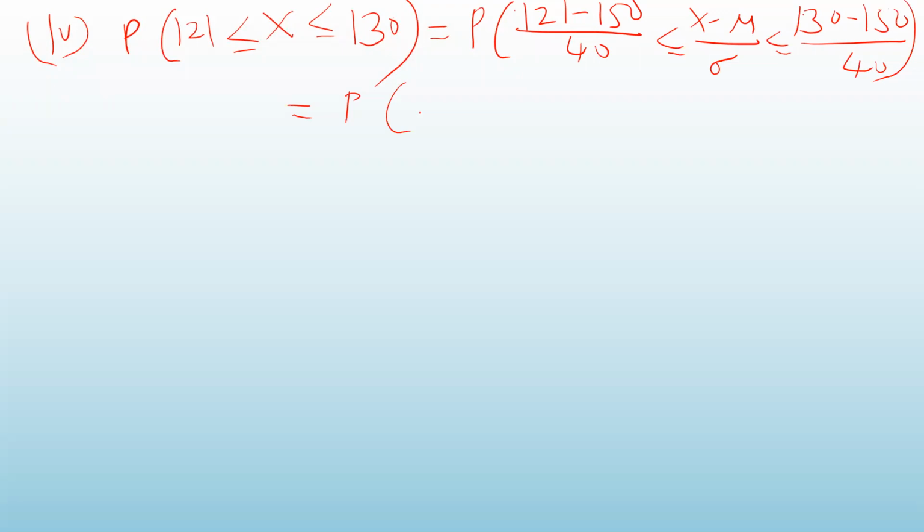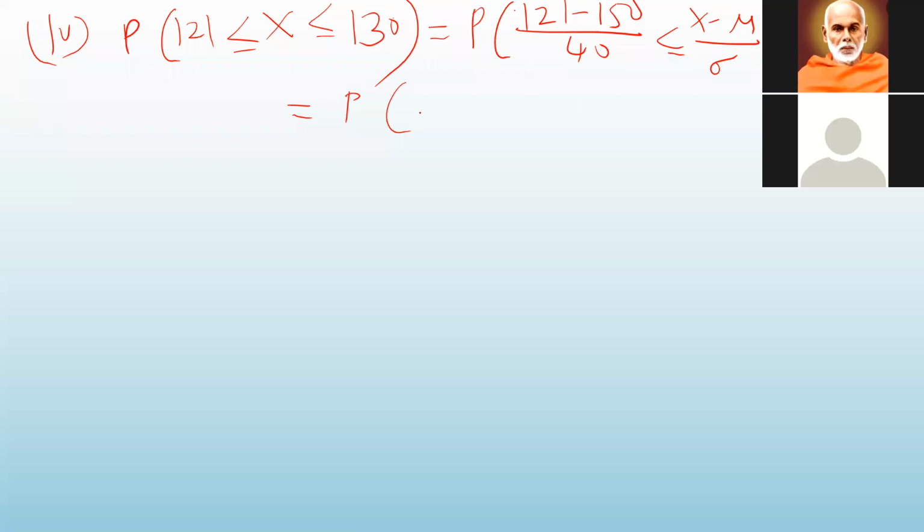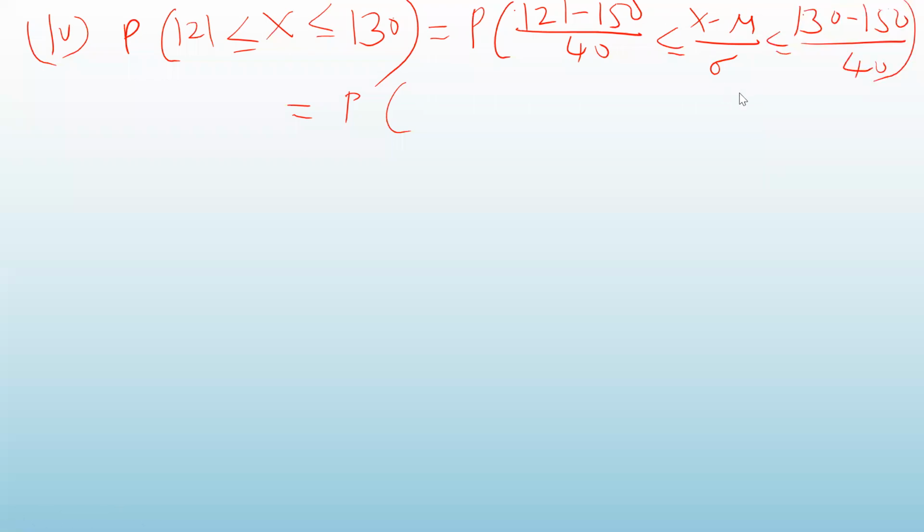So how much will (121 minus 150) divided by 40 be? That gives me minus 0.725, so I can write minus 0.73, less than or equal to Z, less than or equal to (130 minus 150) divided by 40, which gives me minus 0.5.